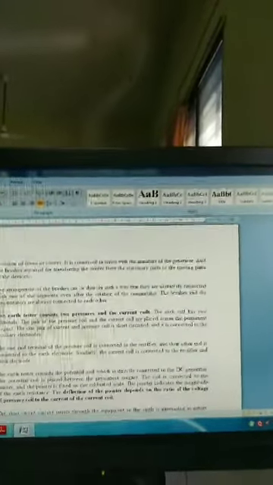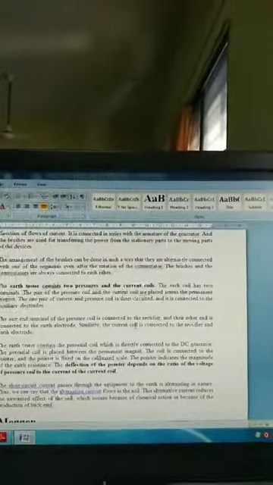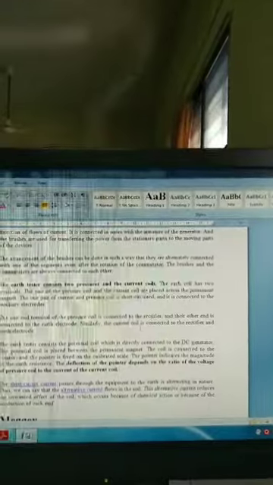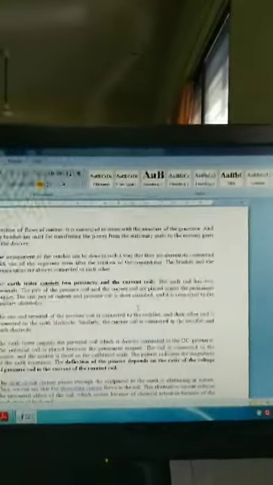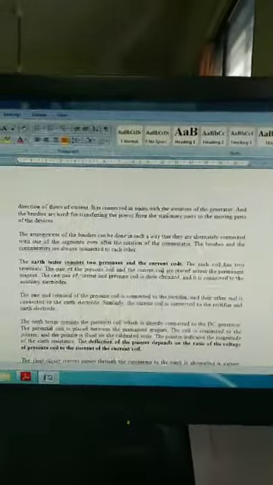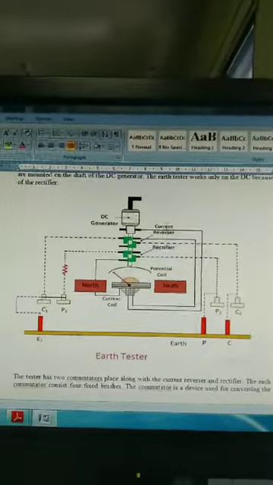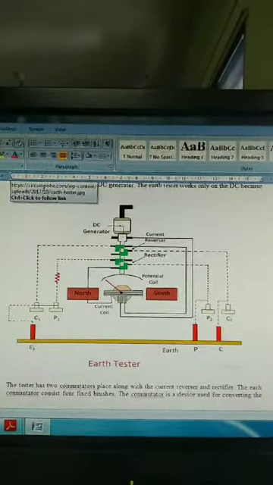The deflection of the pointer depends on the ratio of the voltage of the pressure coil to the current of the current coil. So this is the basic theory of your earth tester. Once again I am repeating what we are doing here in the construction.